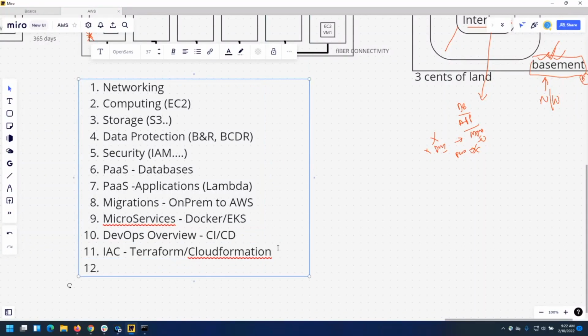Okay, and at last, your project overview. On a high level, these are the things I will try to cover in our training.